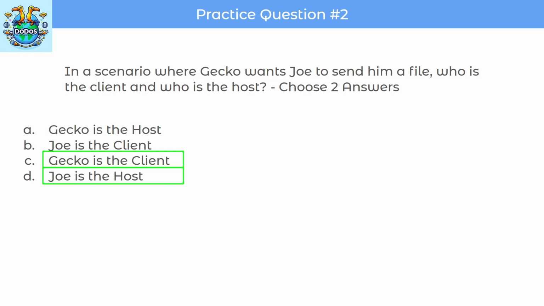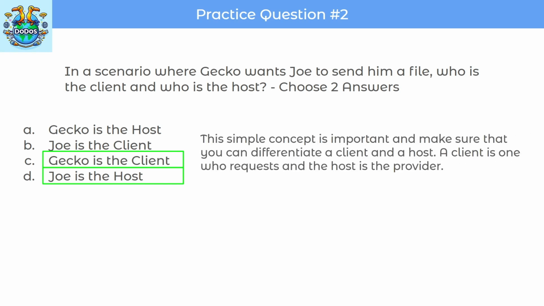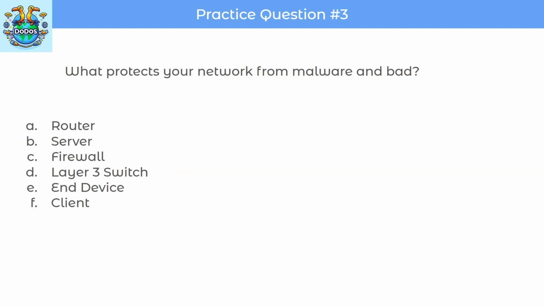And Joe is like, of course, and he gives it. So Joe is the giver, Gecko is the asker. Gecko is the client and Joe is the host. It's a simple concept, and it's important that you can differentiate a client and a host.